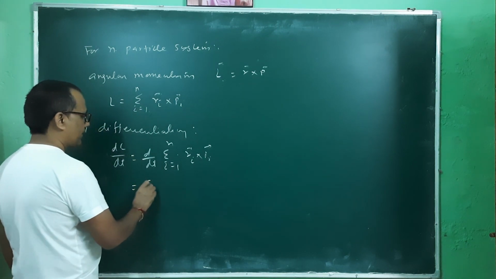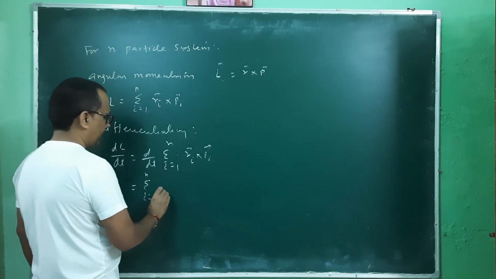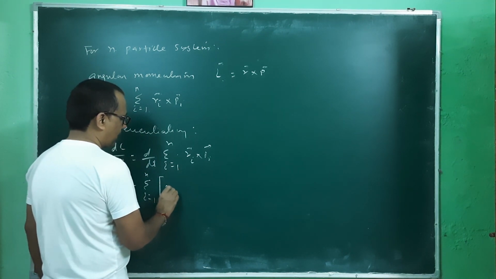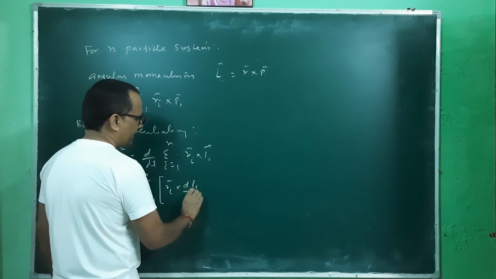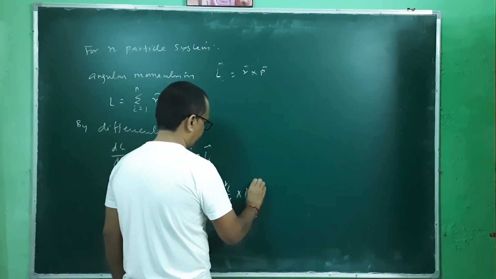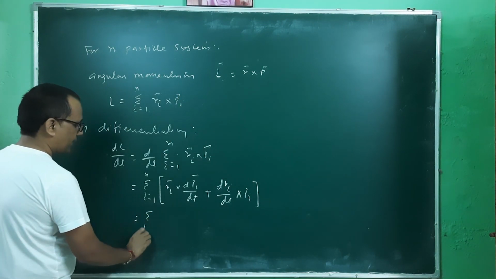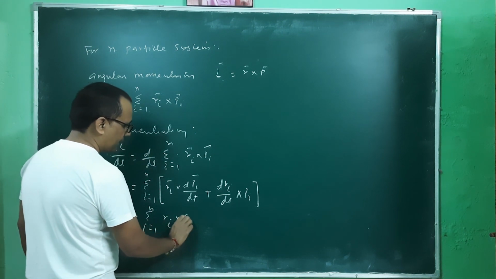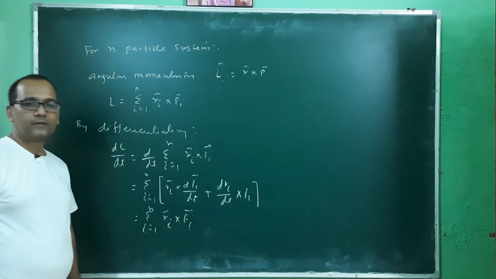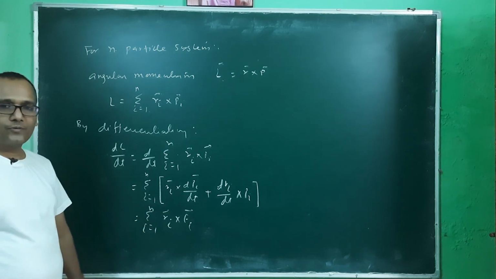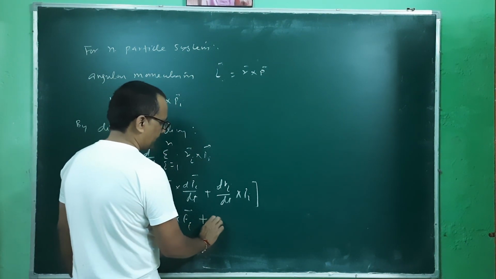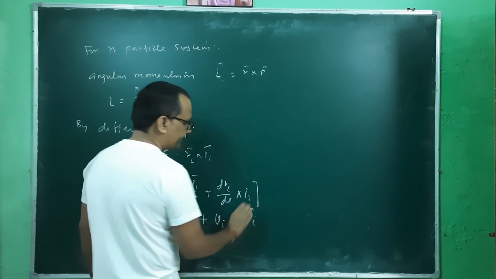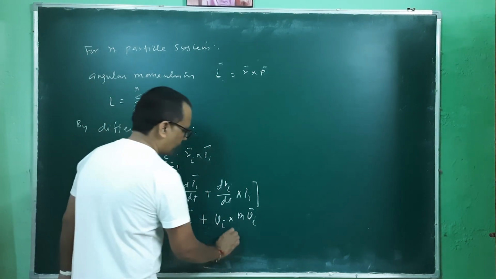So this is equal to the summation of i equal to 1 to n of R_i cross dP_i by dt, plus the summation of dR by dt cross m v_i. The rate of change of momentum is force, so the first term is R cross F_i, and the second term is again equal to 0.